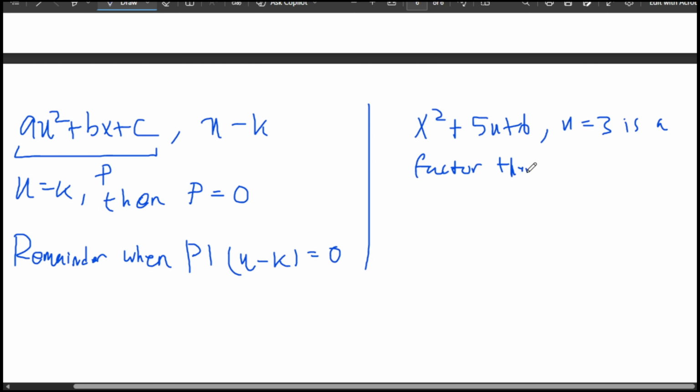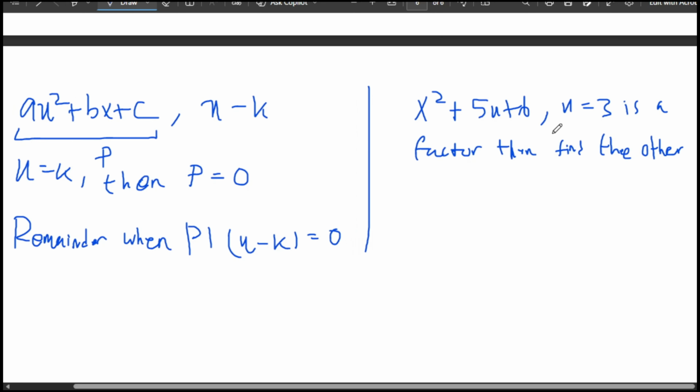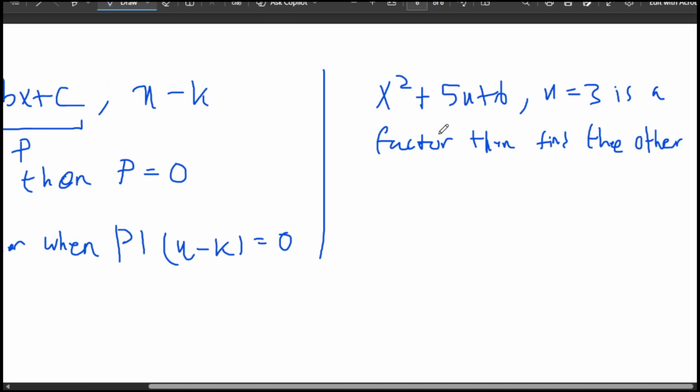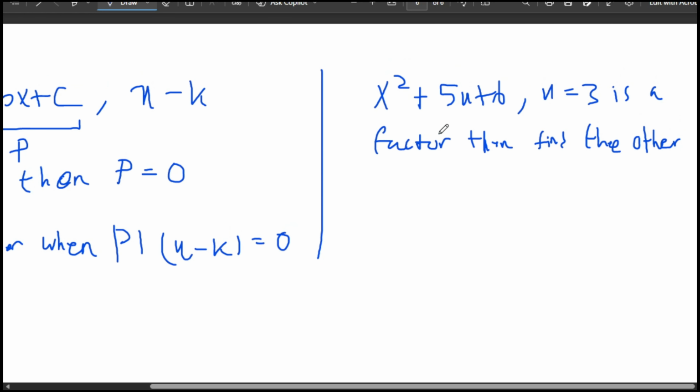Then find the other factor. I mean, we can use factorization. So it's just x plus 3 times x plus 2. But let's say we don't know the factor, then we can use the factor theorem.